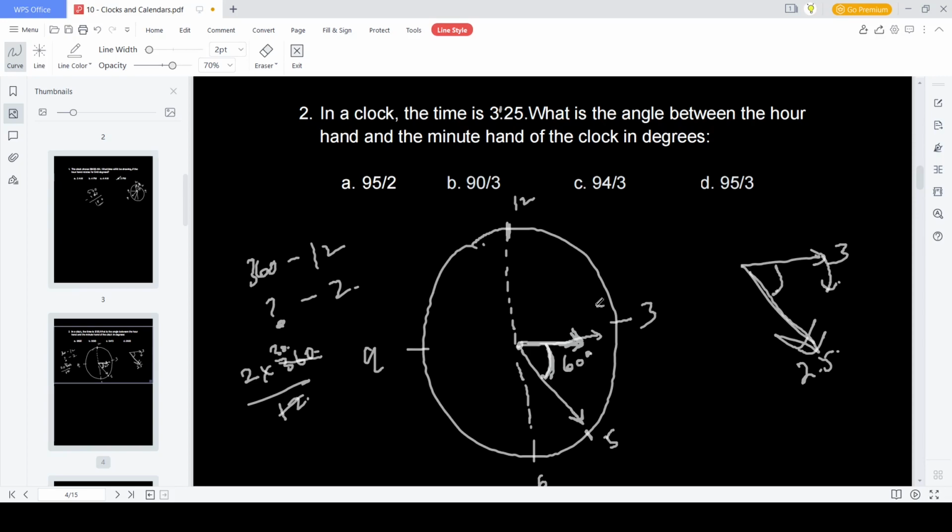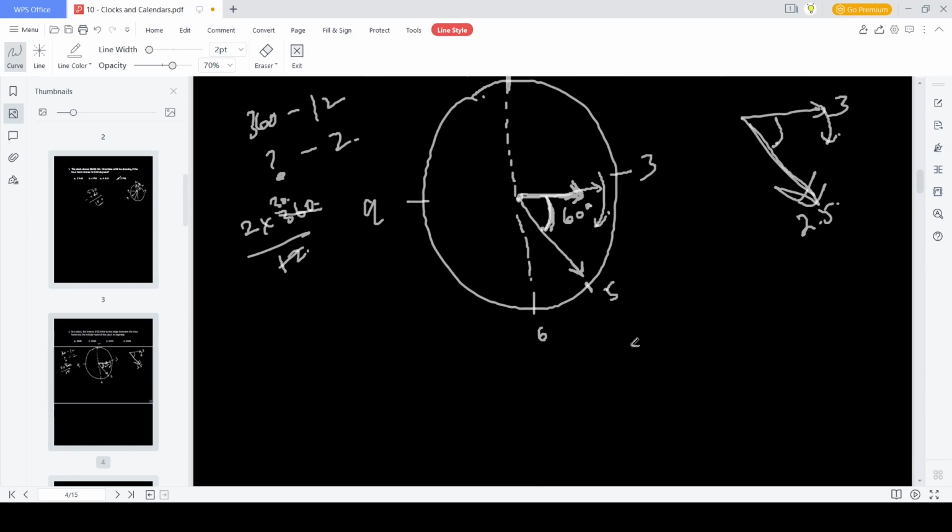But the hour hand has moved a little down, correct? So we have to find out how much the hour hand has moved. To do that, we have one more cross multiplication. 360 degrees is covered in how many minutes? That is nothing but 12 hours, which is 12 into 60 minutes.